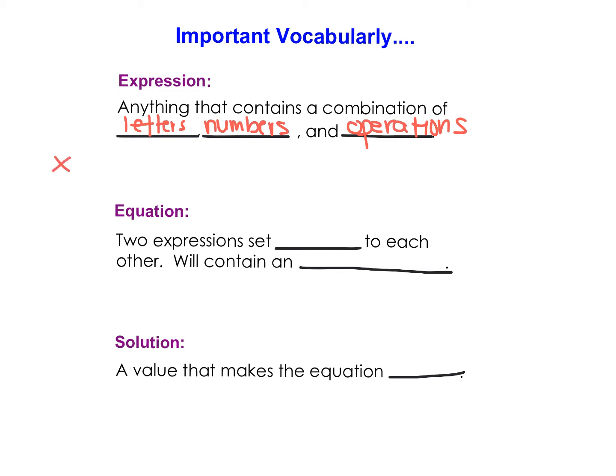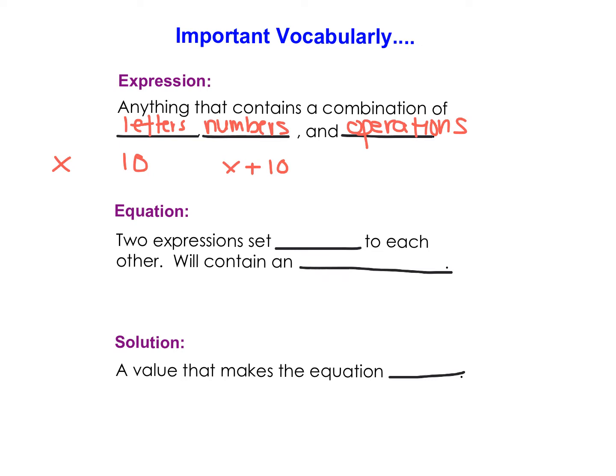An expression could also be just a number, like 10. And then an expression can also be some combination of letters, numbers, and operations. So for example, something like x plus 10. That's an expression because it contains letters, numbers, and/or operations.